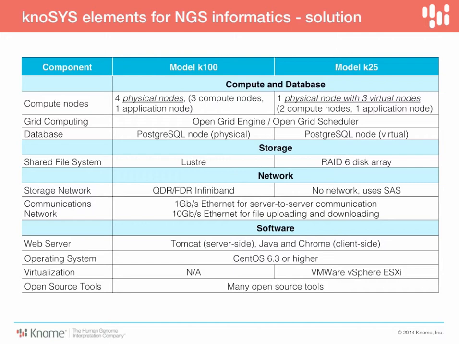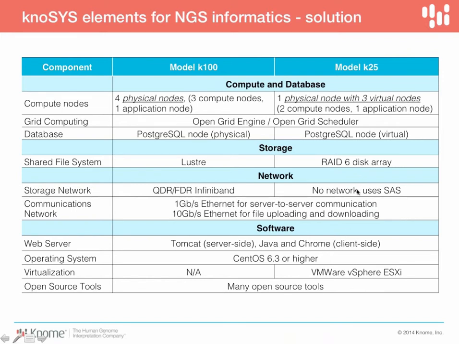And FDR, these abbreviations are strange, stands for Fourteen Data Rate, and really is 7 gigabytes a second. So the technology we use for the InfiniBand is hot switchable from one bandwidth to the next. So as your needs grow, you can instantly switch your InfiniBand capacity.